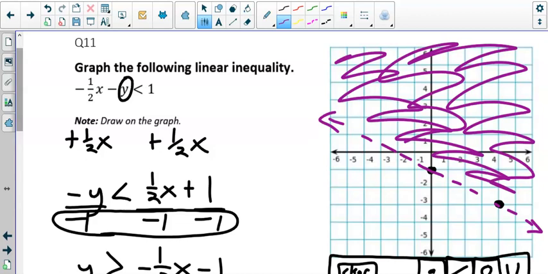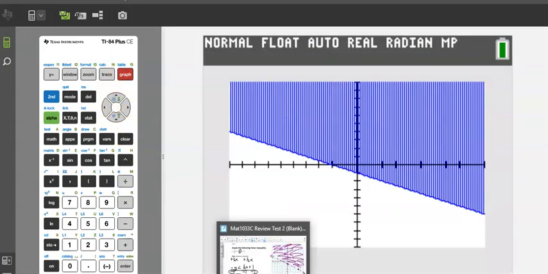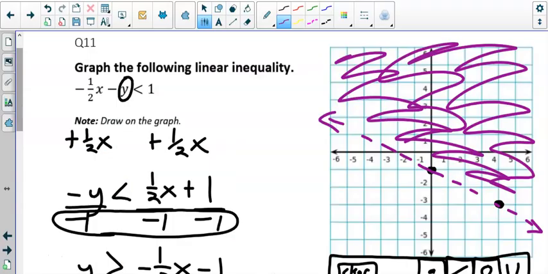Of course you got to shade because this is an inequality. That's why we went through the steps and told our calculator that, hey, I wanted to see shading, because that's important to us. Make sense? So there we go. There's our answer. Cool beans?